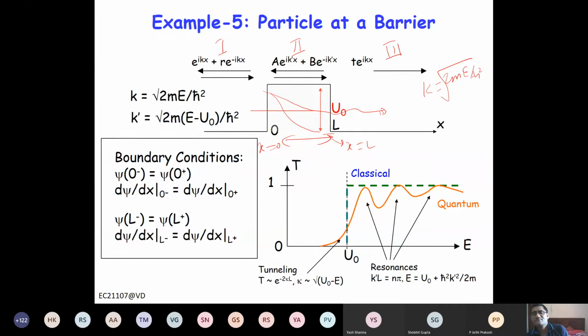Harsh Sukeja, please ask. Sir, in the potential step, we said that reflectance should be 1. So this means that the electron is crossing that potential step and then coming back through it.